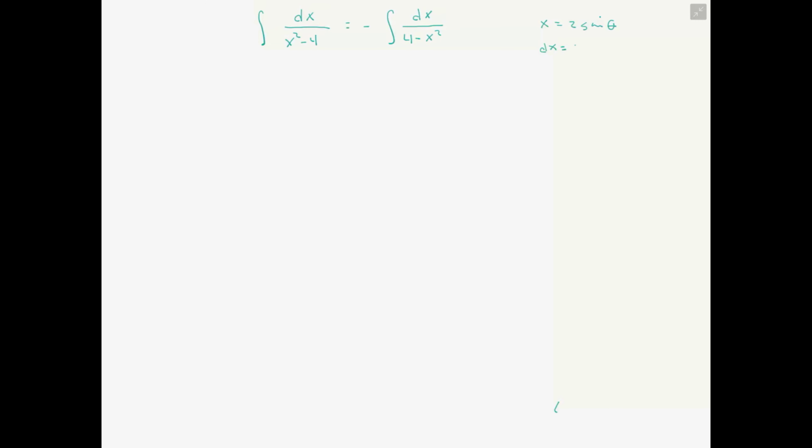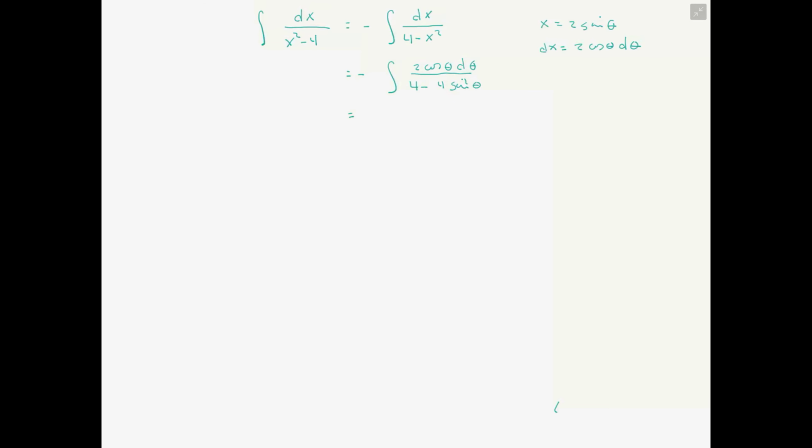dx on x squared minus 4, and that's equal to minus dx on 4 minus x squared. And then we say x equals 2 sine theta, and dx equals 2 cos theta d theta. And then let's see what this does.